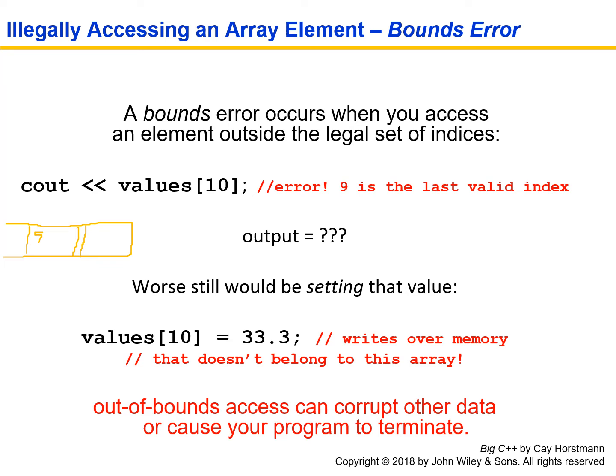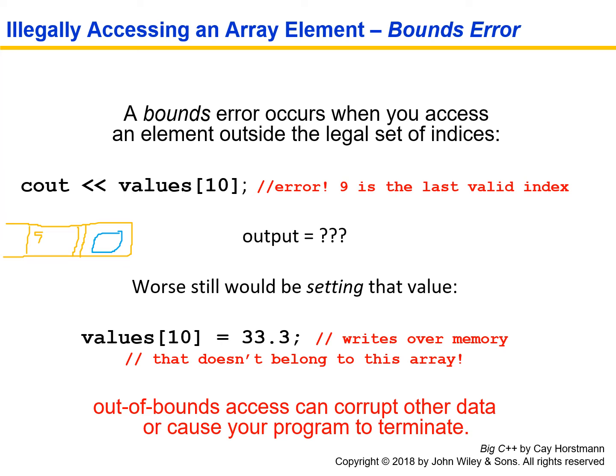It might even belong to a different program entirely in older computers that didn't have memory protection. So choosing values at 10 would try to output whatever nonsense value is in that memory box. Like I said, it could be another variable from your program, or it could be just a random memory value that was left there by another program.